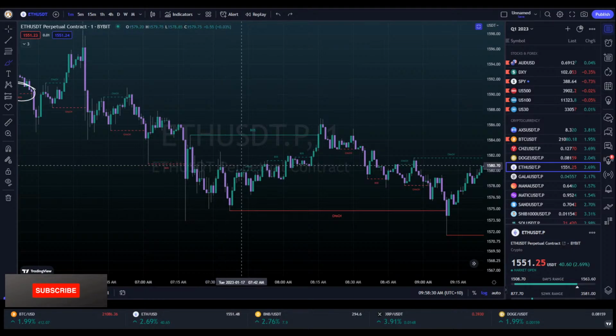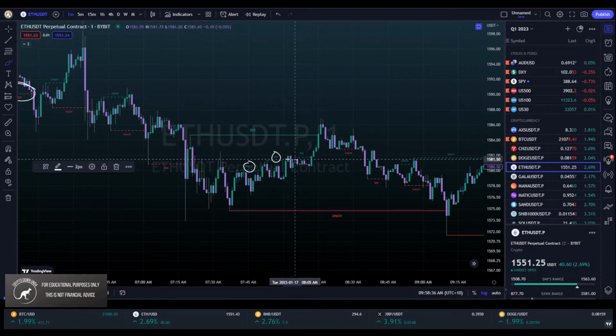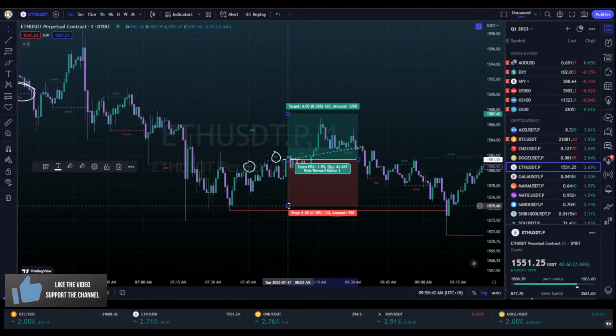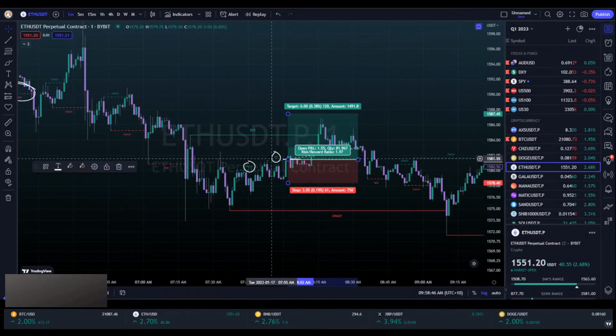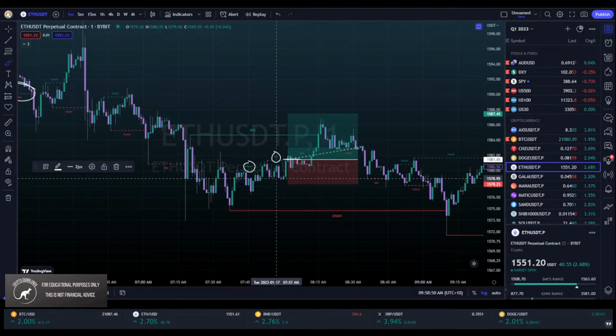Okay, we've got our change of character here, and then we had a break of structure giving us the signal to get in. So we got in here. Let's use an entry tool. We want to set our stop loss below the previous bump down, so that would be here, just beyond it.